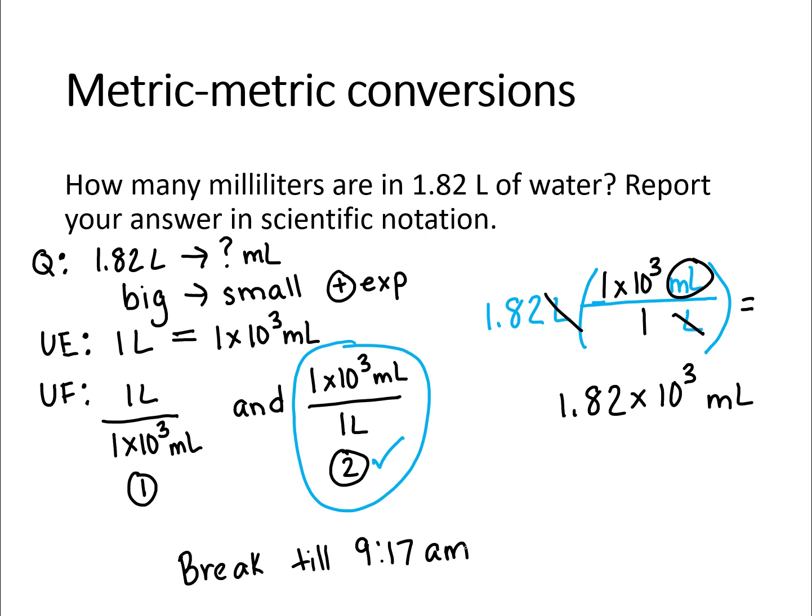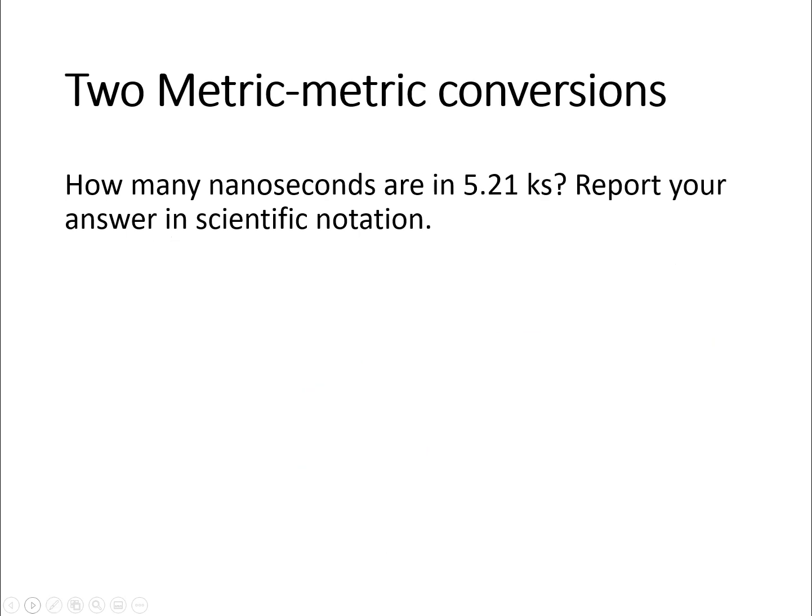All right, y'all. It is 9:17, so we are going to get back to it. So we started with just doing the metric conversions. You need to use one unit equation, one unit factor, and that was it. Now we're going to step it up a little bit.